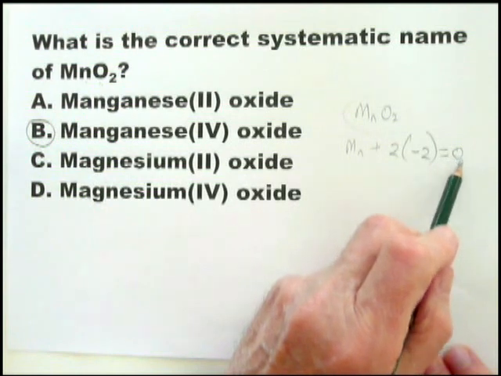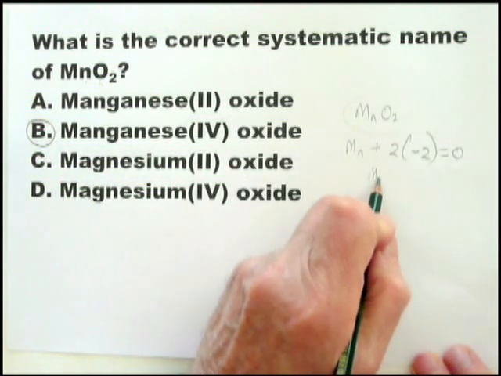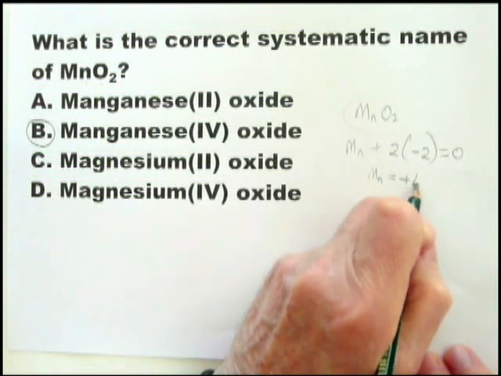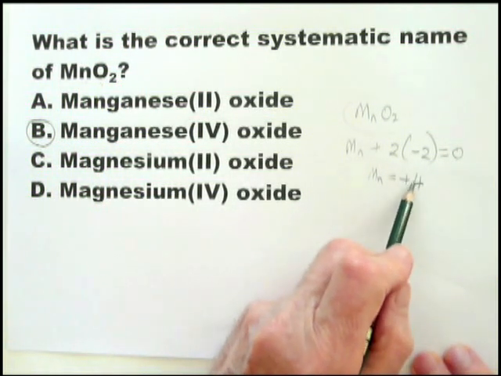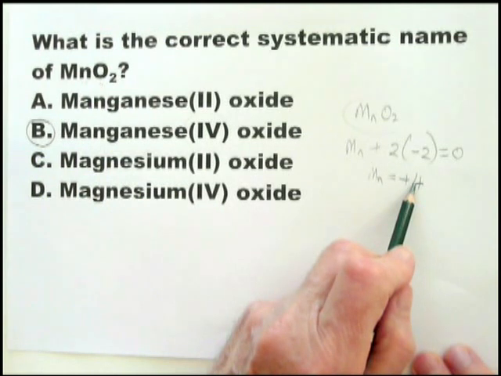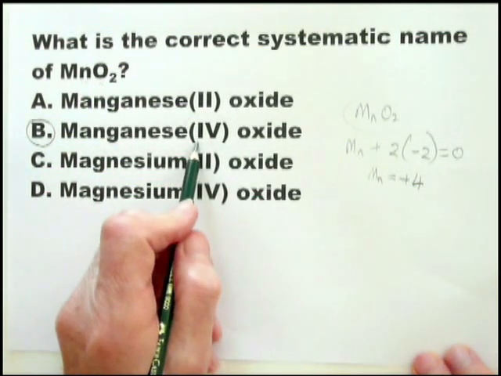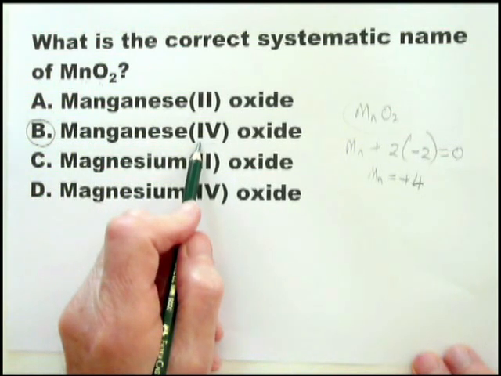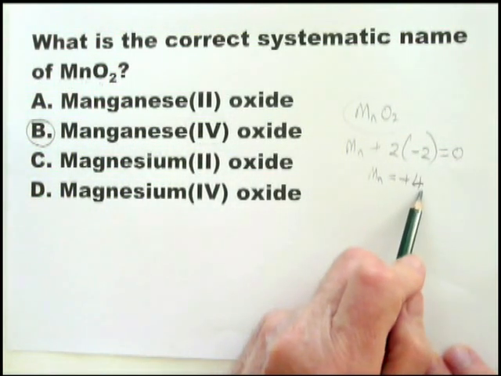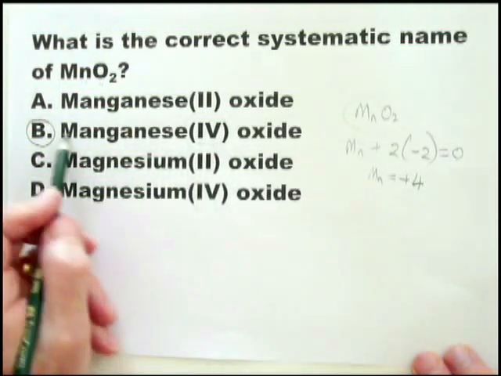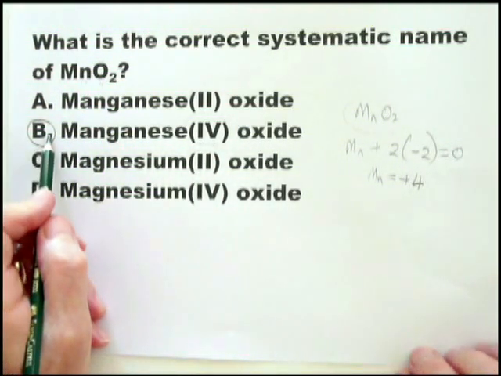So therefore Mn would have a valence of plus 4. Mn has an oxidation state of plus 4, which is the same as a valence state of 4 in this way of writing it. So we say oxidation state plus 4, valence state 4. Therefore this is the answer.